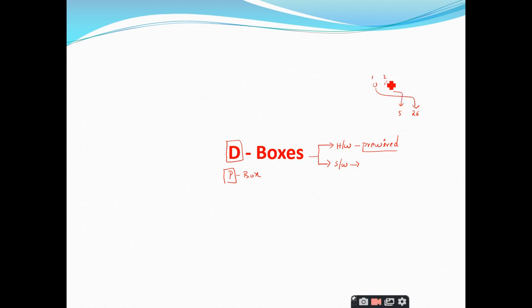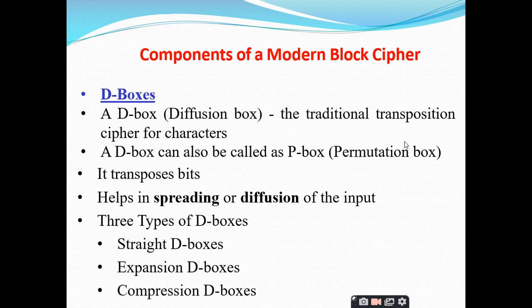Like that you can make your own pre-wiring in the hardware implementation of the D boxes. How do you implement the D boxes using software? What is the term we have? Tables, permutation tables. Super, right. We will be using the concept of permutation tables.